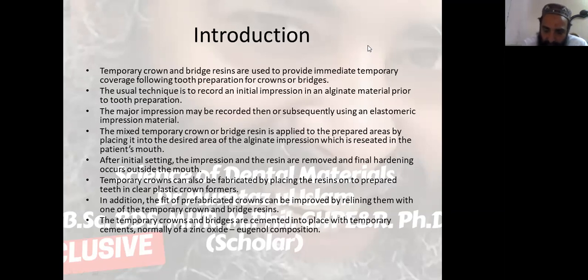Prefabricated crowns are also available. We will see these also in our lab work or in our practicals. Temporary crowns and bridges are cemented into place with temporary cements, normally of a zinc oxide eugenol composition.